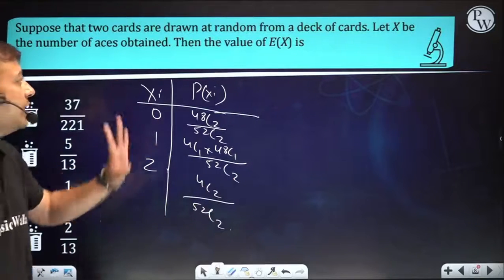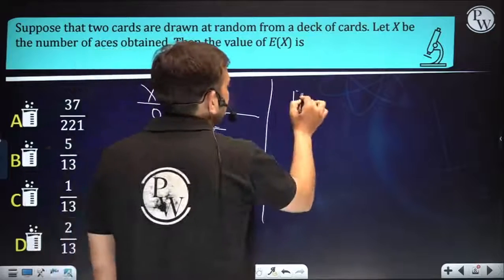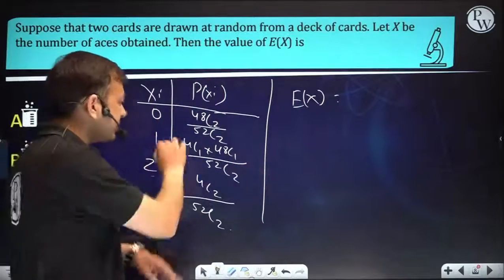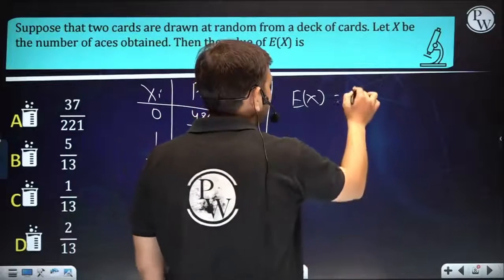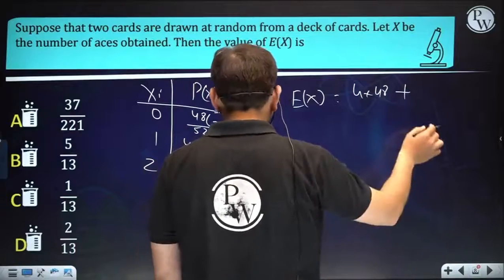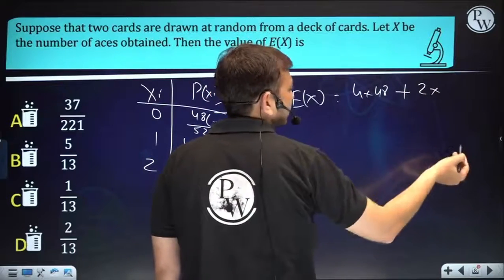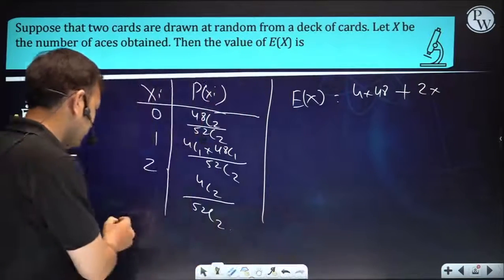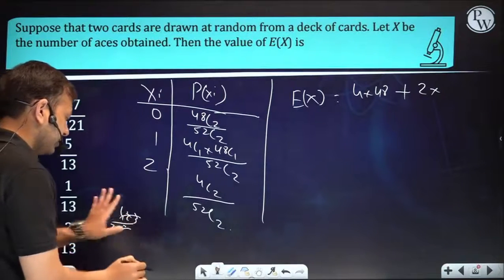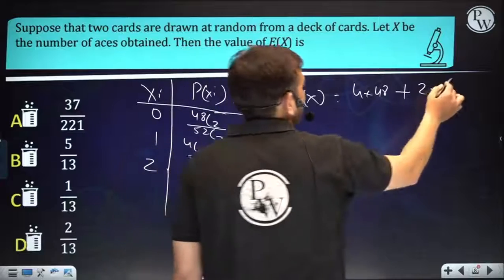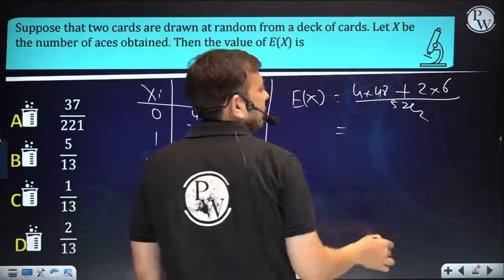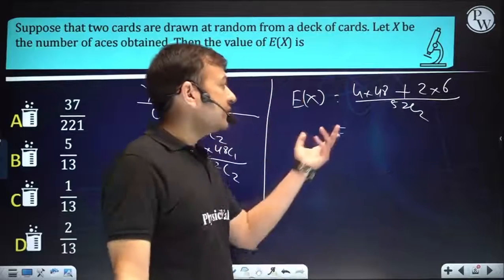Now what we need to find? E of X is the sum of xi into p(xi). So 0 into 0, 0. So this will be 4 into 48 plus 2 into 4C2. Now 4C2 is 6 I guess. Yes, 6. So 6 2s are 12, divided by 52C2. Now you can simplify this.